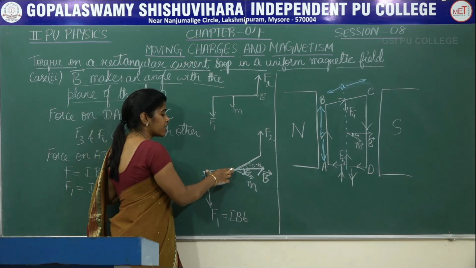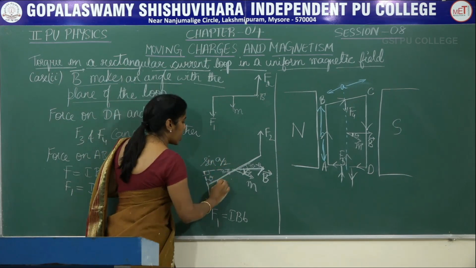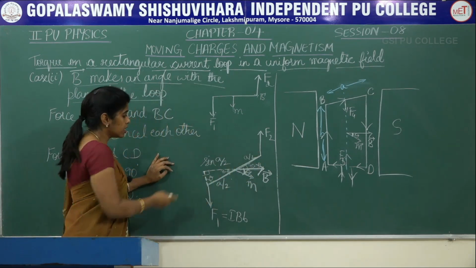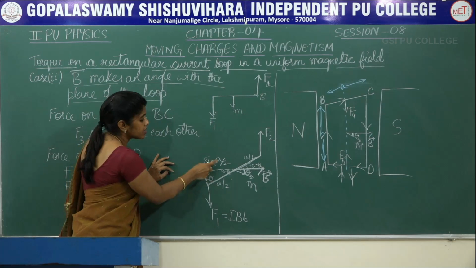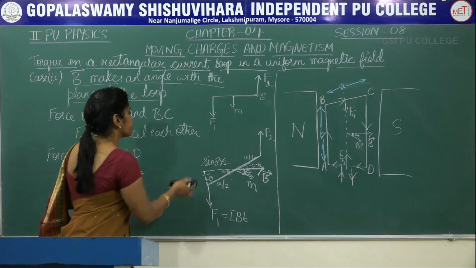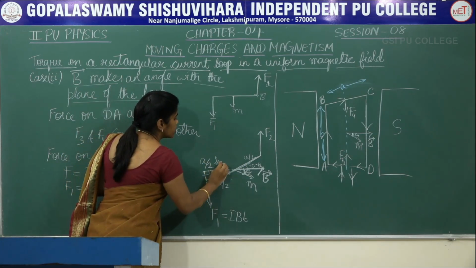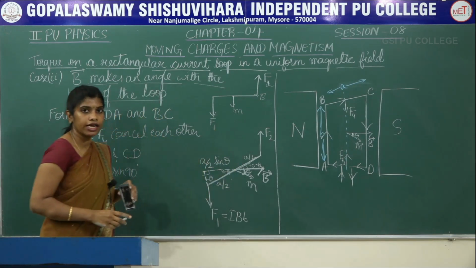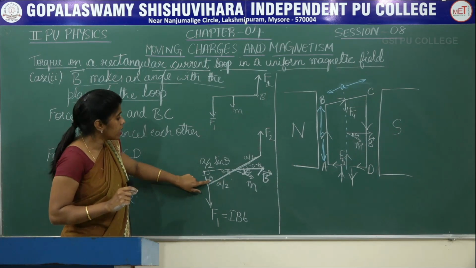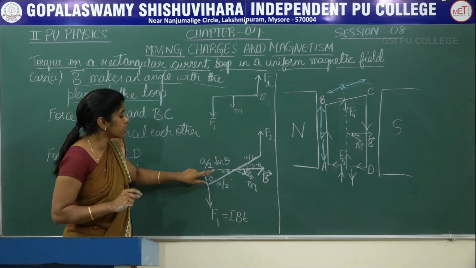Then what about this side? This side is written as sin theta into a by 2, as this is a by 2 and this is a by 2. This side is nothing but sin theta into a by 2, or I can write this as a by 2 sin theta. I will explain this. Because this angle is theta, the side which is opposite to this theta is nothing but opposite.